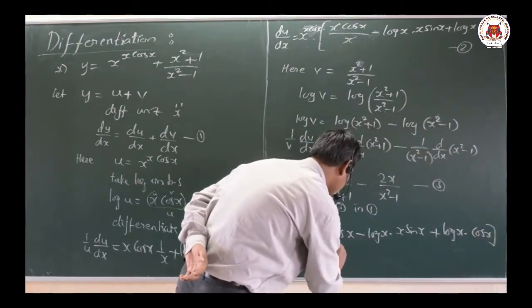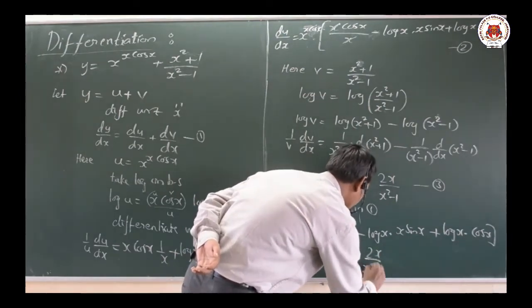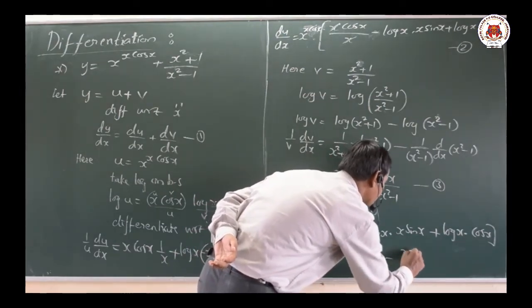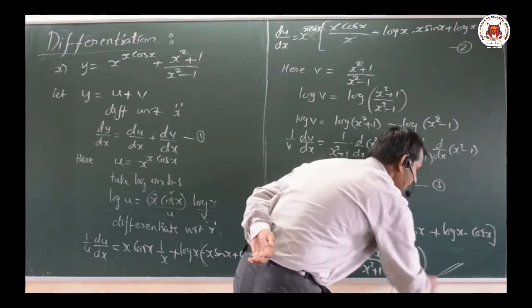Next part is then plus of the third equation, that is 2x divided by x square plus 1 minus of 2x divided by x square minus 1. That is the required result.